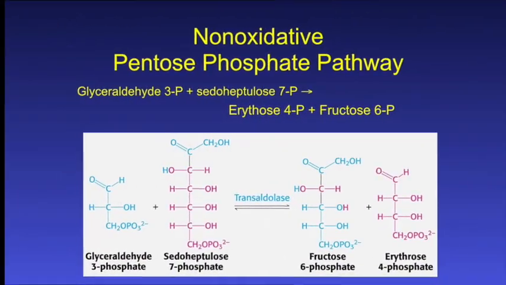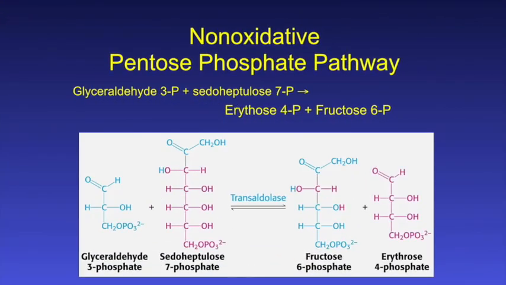Oops, did I go too far? No. Stop. All right. Then I re-react the glyceraldehyde with the sedoheptulose using transaldolase, and I take the 2 that I transferred plus 1 other one, and I put it back onto this one to make fructose 6-phosphate and something called erythrose 4-phosphate.